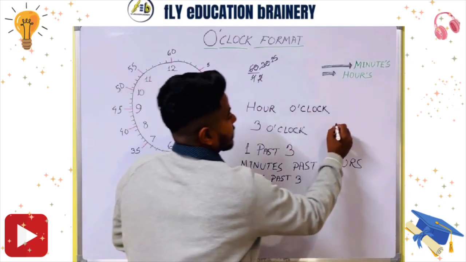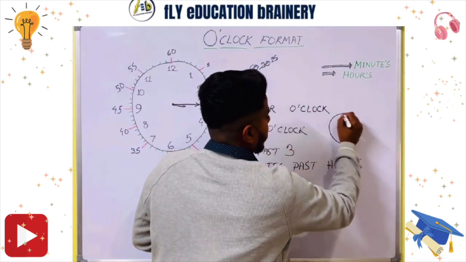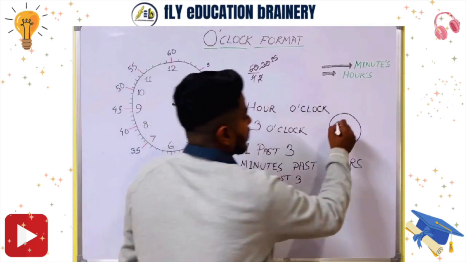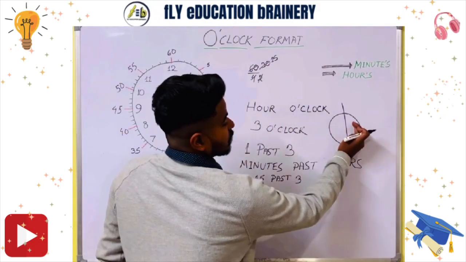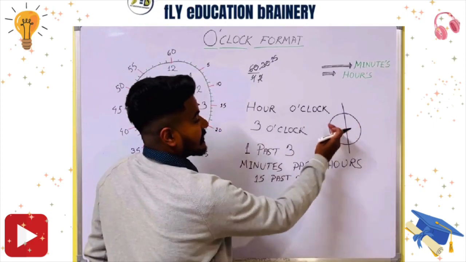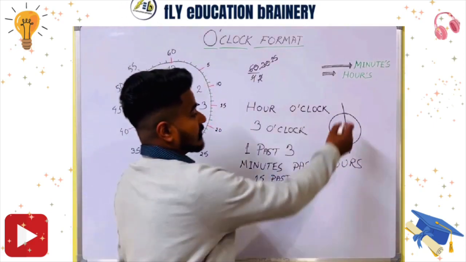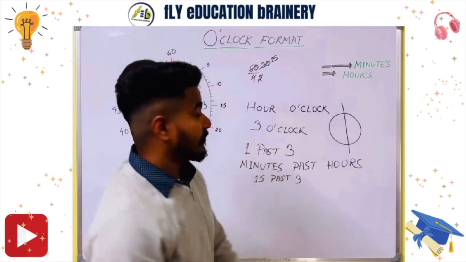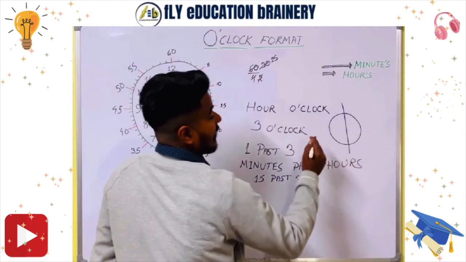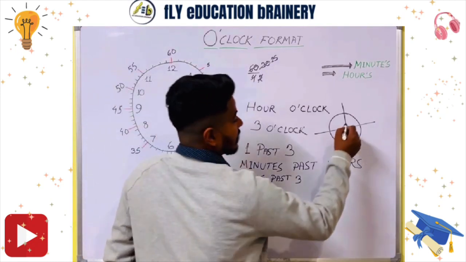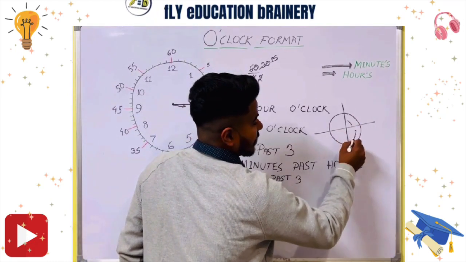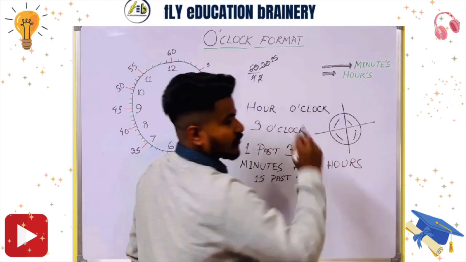If we take a circle and we divide it into half, this portion is a half circle and this portion is a half circle. The full circle is divided into half. Now if we divide both these halves into other halves, this is 1 quarter, this is another quarter, this is another quarter, and this is another quarter.